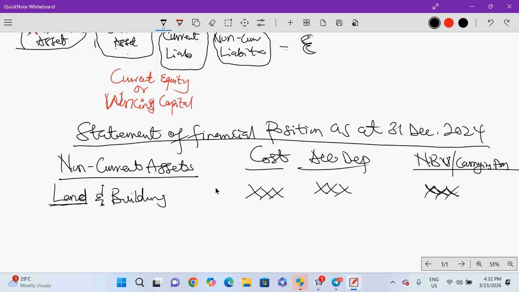If you go and buy land at Amasaman, maybe you bought it in 1990, do you think the price will still be the same in this current 2026? It will appreciate.